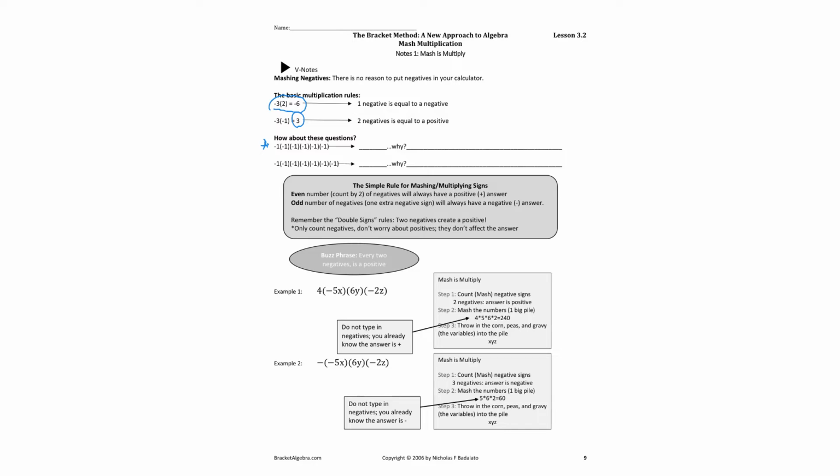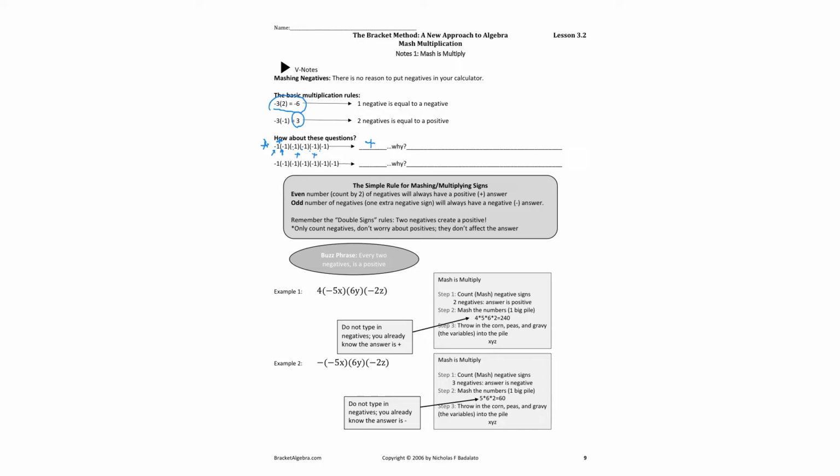Okay, so if you haven't figured it out, which I'm sure you have, the answer ends up being positive. The real question is why? And what it comes down to is this. Every 2 negatives creates that plus sign. So here we go. 1, 2 more, plus, 2 more, plus.